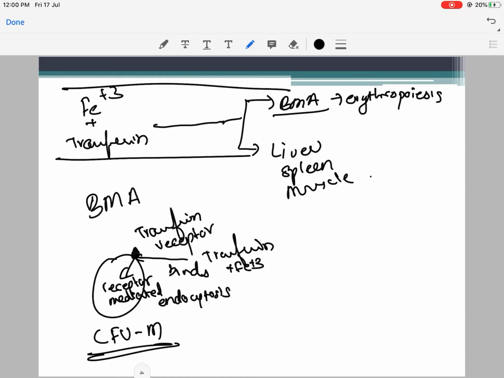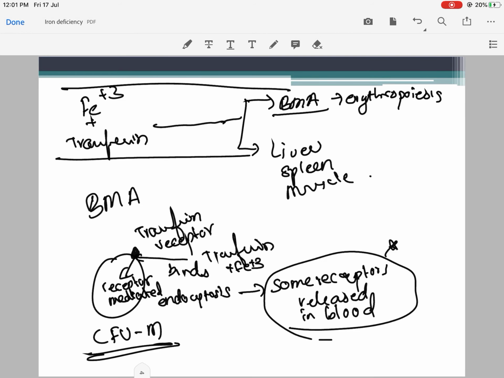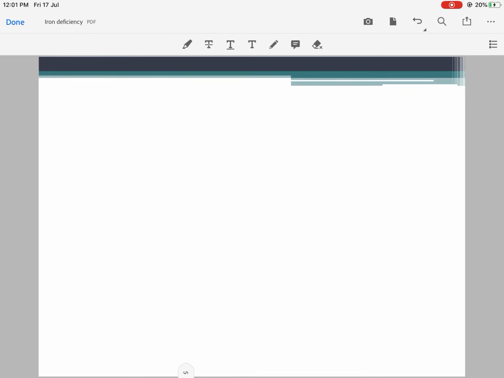Whenever there is receptor mediated endocytosis, some of the receptors are released in the blood, which we can measure, and it helps in diagnosing iron deficiency anemia.